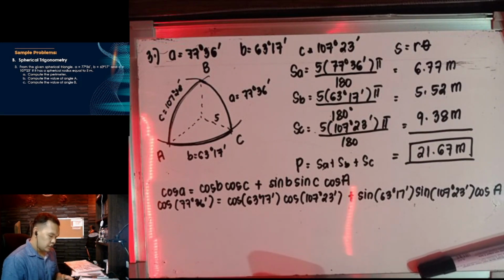So, we have here sine 63 degrees and 17 minutes, sine 107 degrees and 23 minutes.